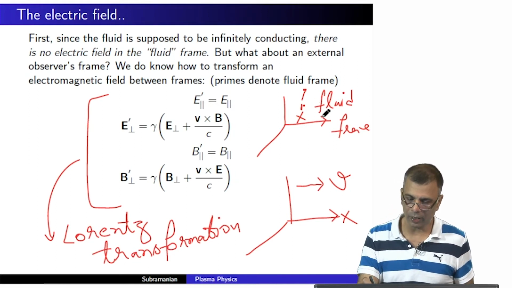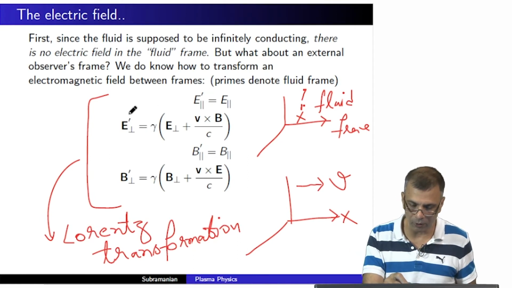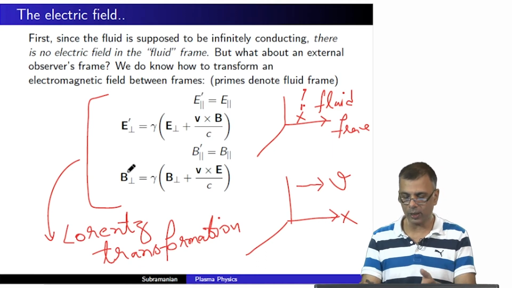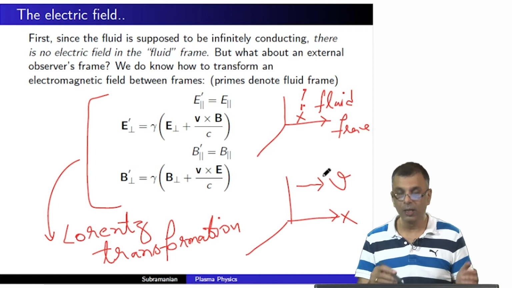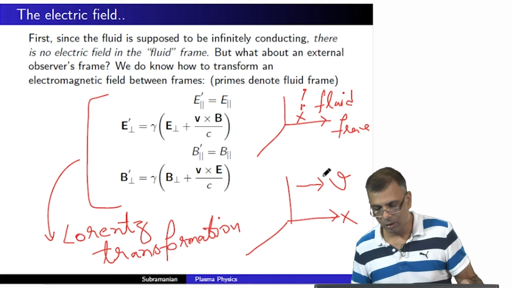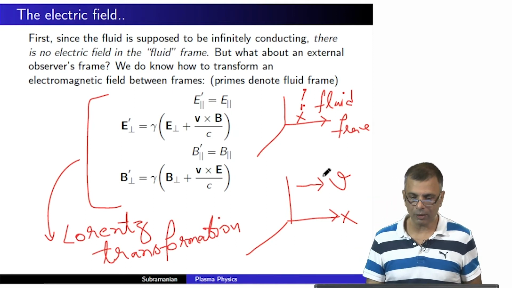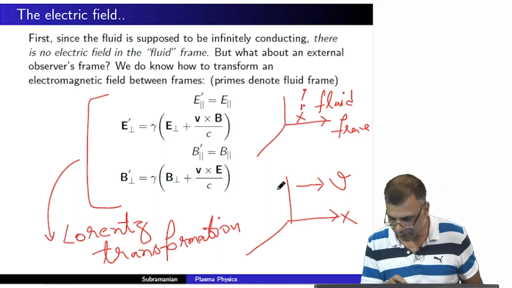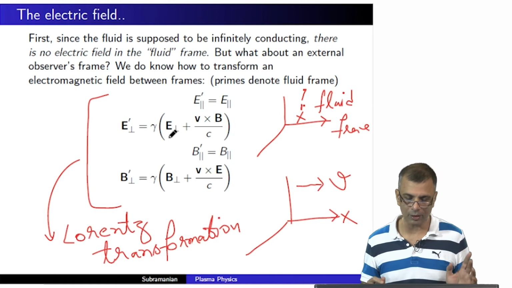In other words, all quantities in the fluid frame have a prime on top of them, and all quantities in the non-fluid frame, the external observer frame, which can potentially be moving with respect to the fluid frame, do not have primes. And the parallel denotes parallel to the velocity of movement, and perpendicular denotes perpendicular to that direction.